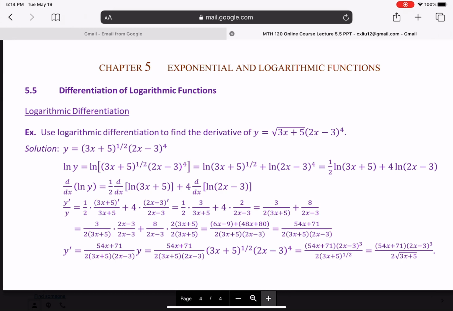So we can do a little simplification, canceling some factors, to get (54x plus 71) times (2x minus 3) cubed over 2 times (3x plus 5) to the half. And you can rewrite the denominator as a radical, so that becomes 2 times the square root of (3x plus 5) at the bottom. So that's the end of this section.